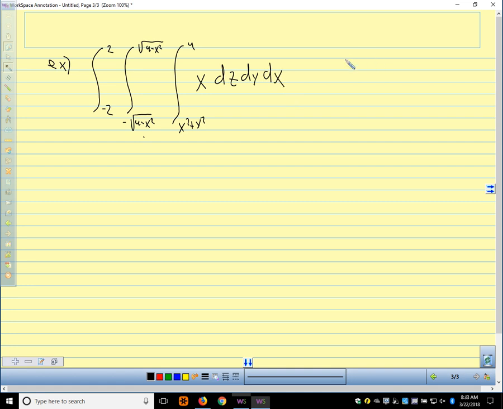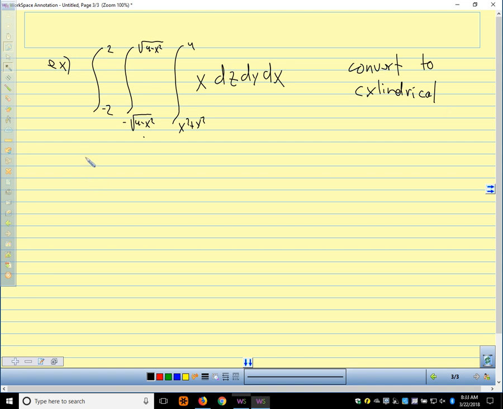All right, we want to convert to cylindrical. The limits always tell us about our region, and I think when you can visualize the region, it's going to be easier to set up.